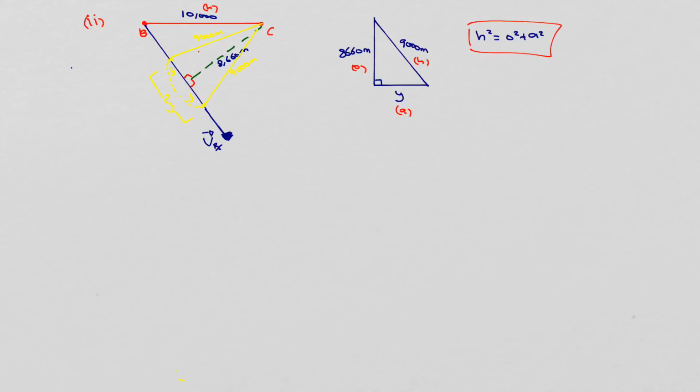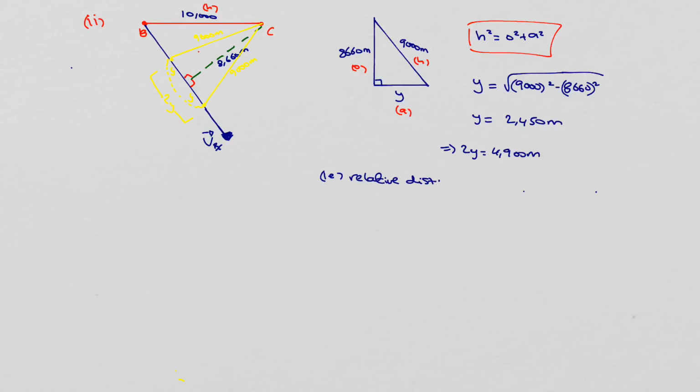So by subbing in there, I can get the adjacent, which is y, equal to the square root of 9,000 squared minus 8,660 squared. And therefore that gives me y is equal to 2,450 metres. So therefore if I double that, that gives me 4,900 metres.